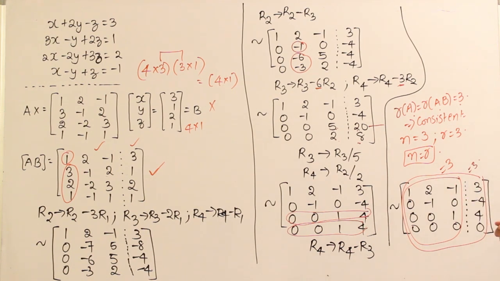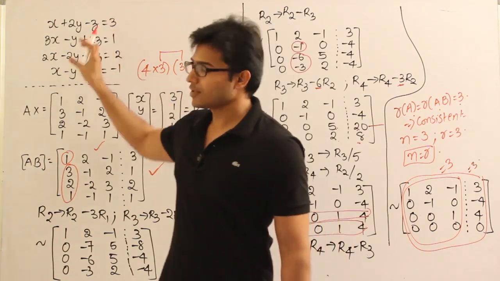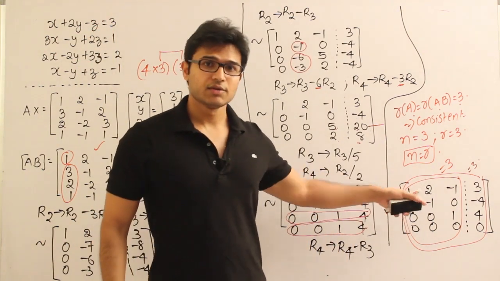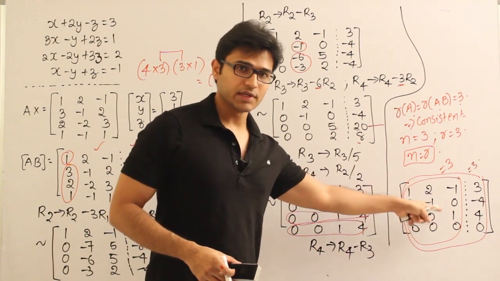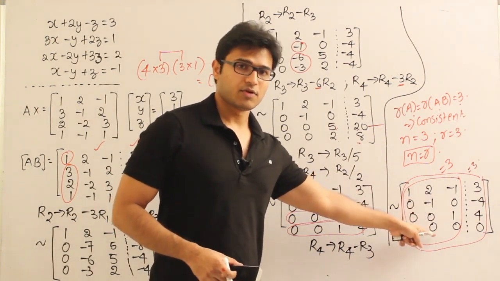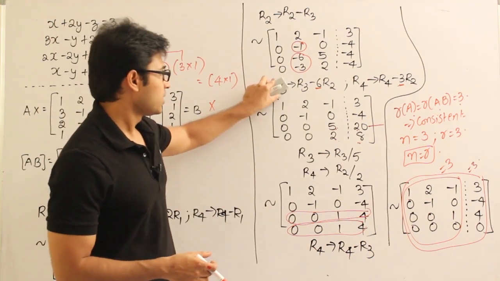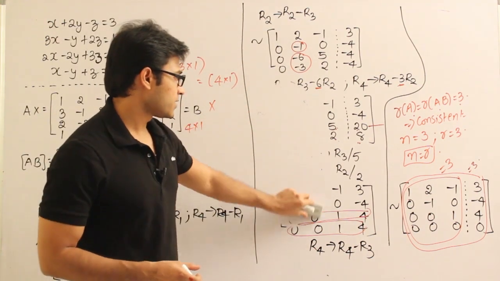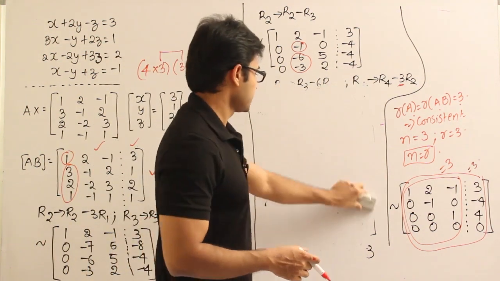So what is that solution? In order to find the solution, you try to write these equations. From these matrices we got these equations, right? So I'm just writing this matrix in the form of equations, which will be equivalent to the original given set. From there we can solve the values of x, y and z. See this? I'll just write it in the form of equations.